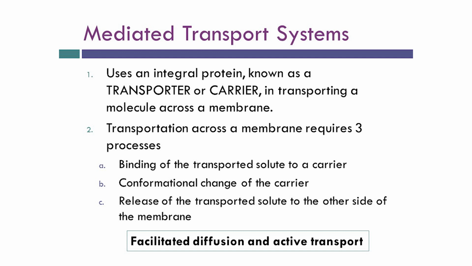So these three steps should be met in order for a solute to move from inside to outside or outside to the cell in mediated transport systems. An example of mediated transport systems are your facilitated diffusion and active transport. Okay? Facilitated diffusion and active transport.